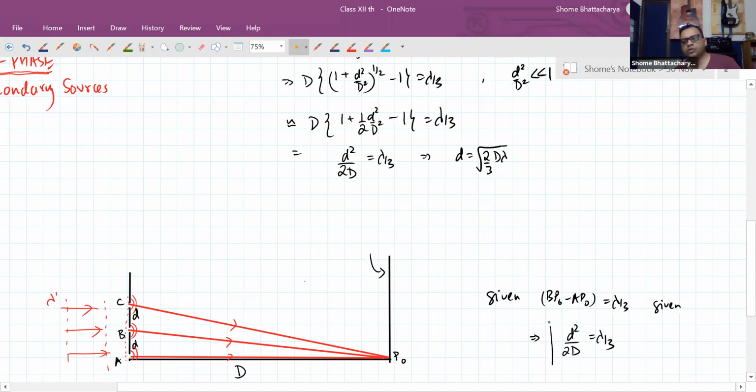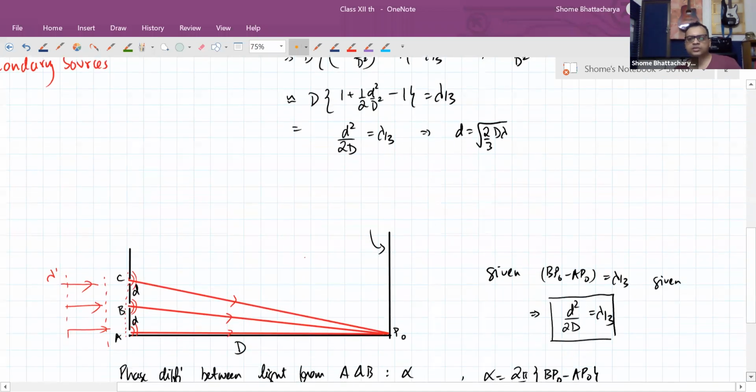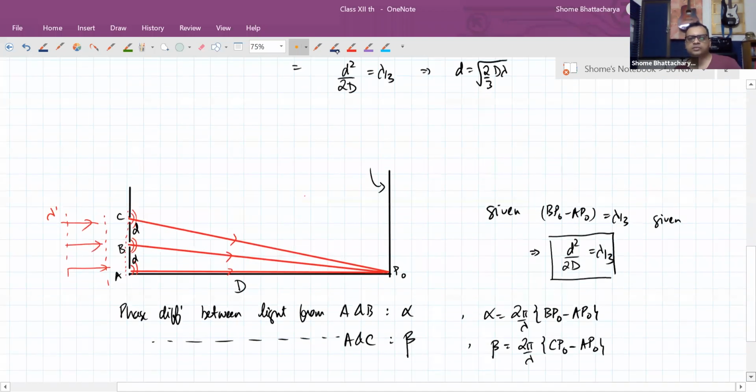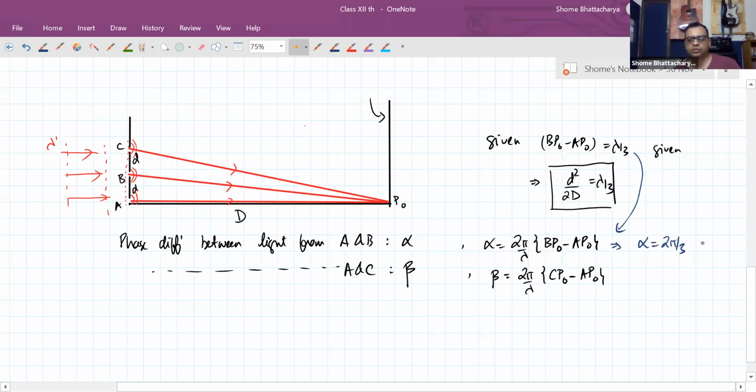So this is going to be the important relationship for us when we are considering this. So from this above information, if we substitute this here, we can see that alpha is equal to how much? It is 2 pi by 3, or that's equivalent to 120 degrees.